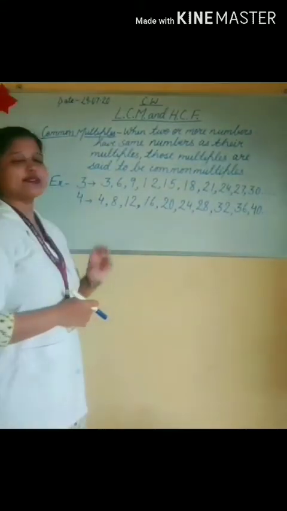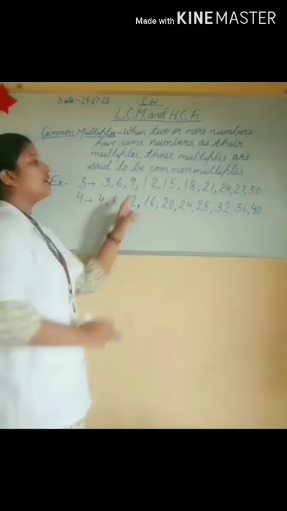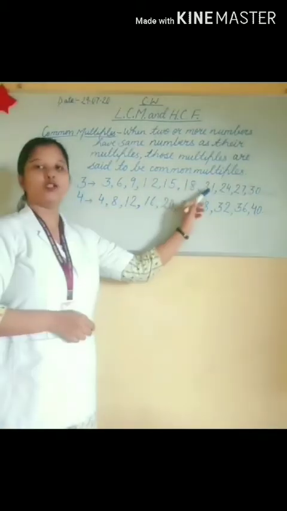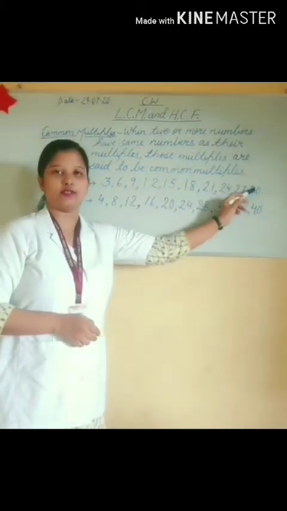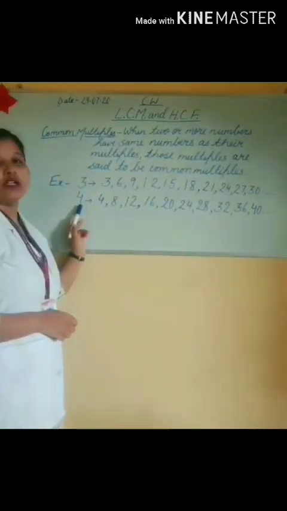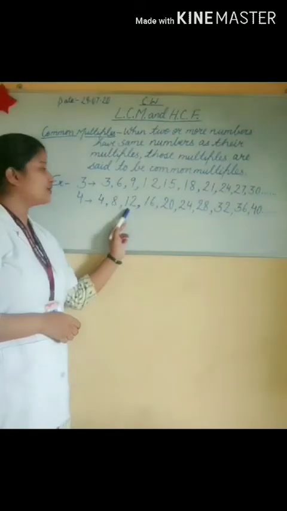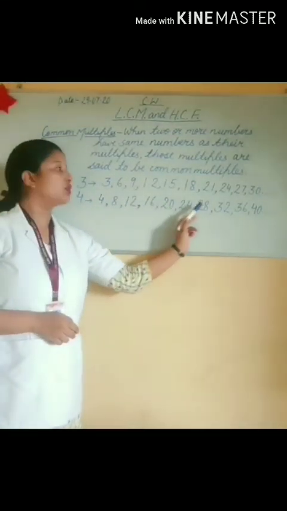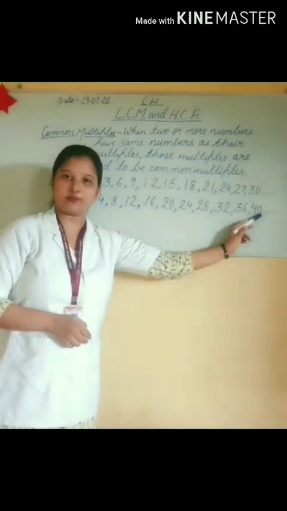The first 10 multiples of 3 are 3, 6, 9, 12, 15, 18, 21, 24, 27 and 30. The first 10 multiples of 4 are 4, 8, 12, 16, 20, 24, 28, 32, 36 and 40.